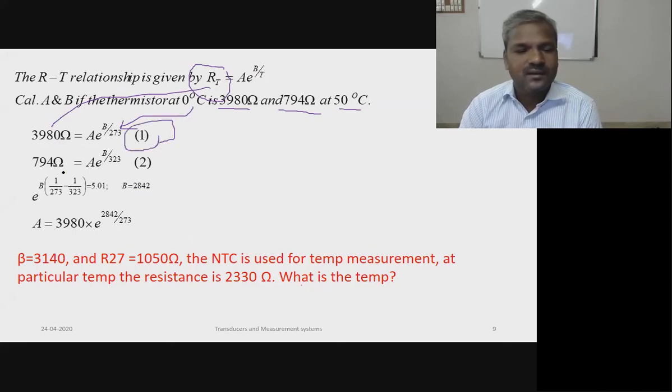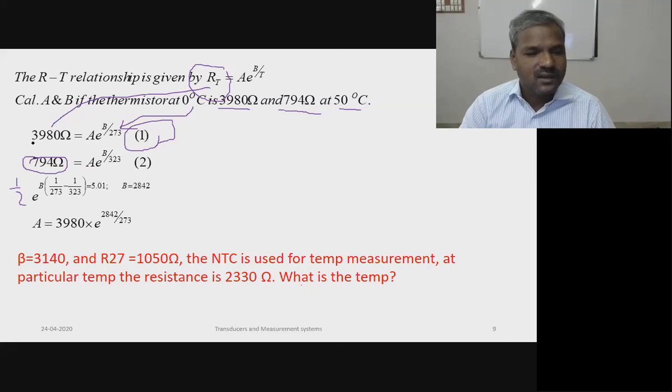Consider equation number 1. Then again at 50 degrees Celsius, which is 273 plus 50, 323 degree Kelvin. Here the same relation gives 794 ohm equal to A into e power B by T. By dividing equation number 1 by 2, 3980 divided by 794 will give 5.01.